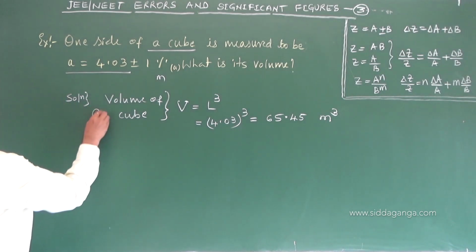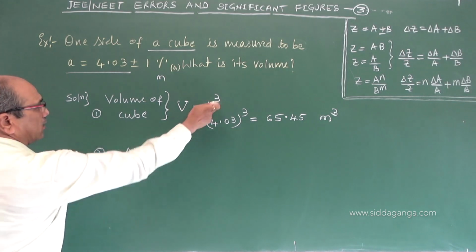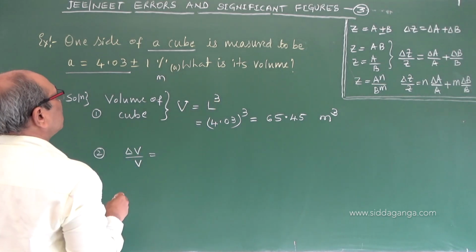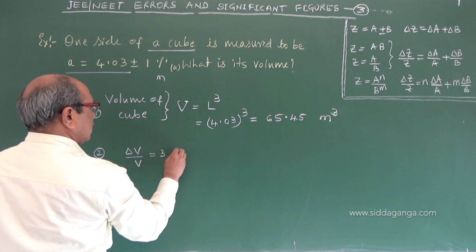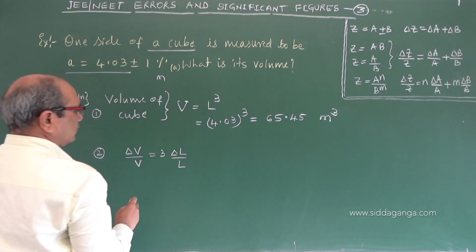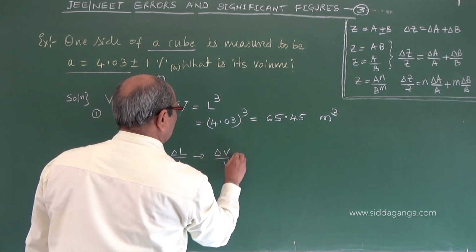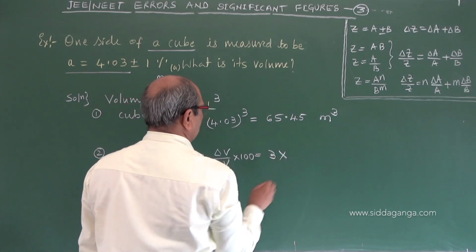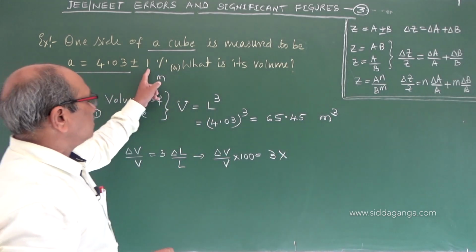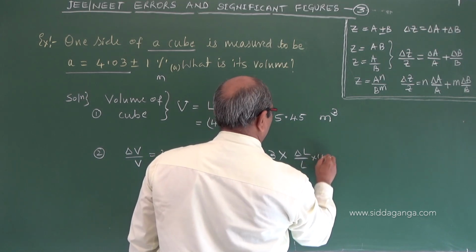It is the first step, but in the second step, measure delta V by V. As it is L cube, you can write it as 3 into delta L by L. In percentage, delta V by V into 100 is equal to 3 into delta L by L into 100.